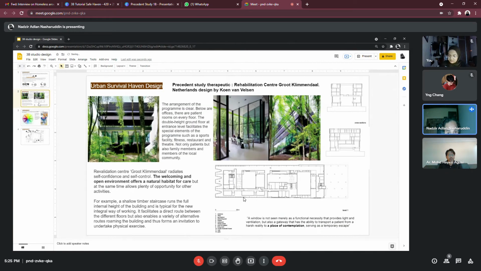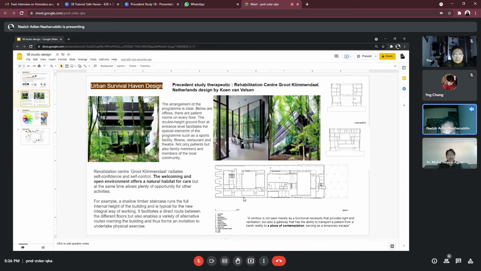For the preceding study, I found a pretty interesting research paper on therapeutic architecture, and the preceding study that they chose was this one, a rehabilitation center in Denmark. The idea of this building is to create a habitat that can promote care.